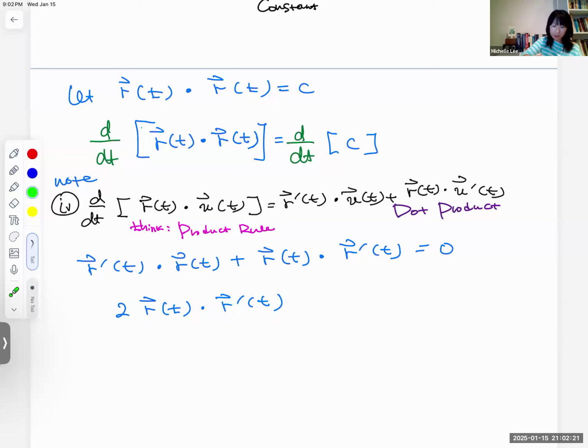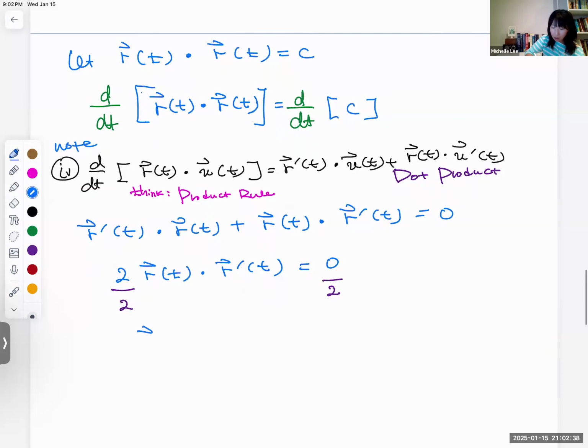So either way, we can say that equal to 0. Now I want to show this one, so we divide by 2 on both sides. Then we have r of t dot product r prime of t equal to 0.